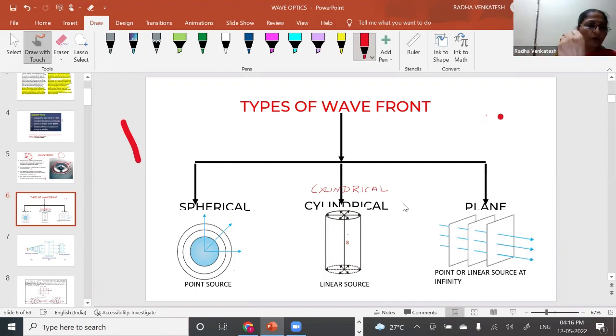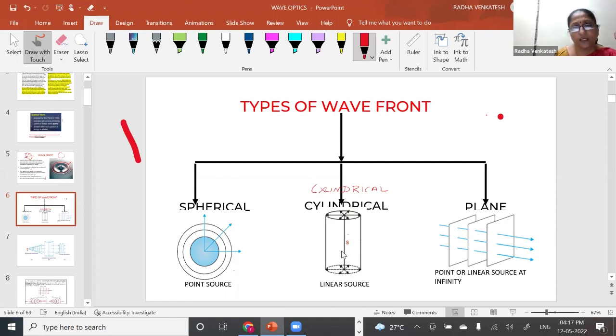And here we are talking about wave optics, so we are going to treat light as a wave. All the waves will be arriving with a particular phase at all points on that sphere, and we call that a spherical wavefront. So the source here is going to be a point source. If the source of light is a point source, then the type of wavefront that we get from it is a spherical wavefront.